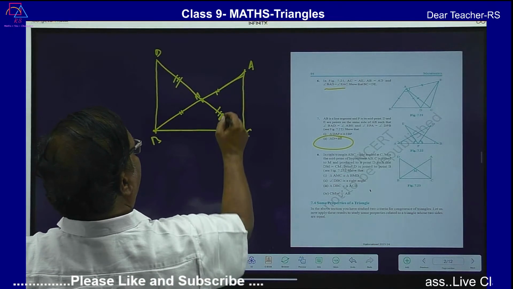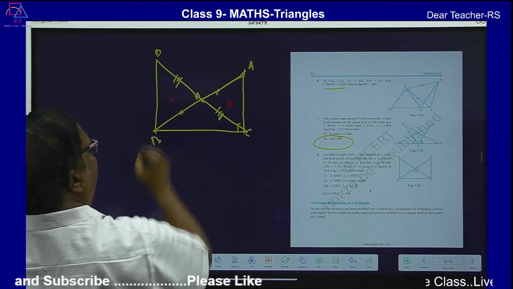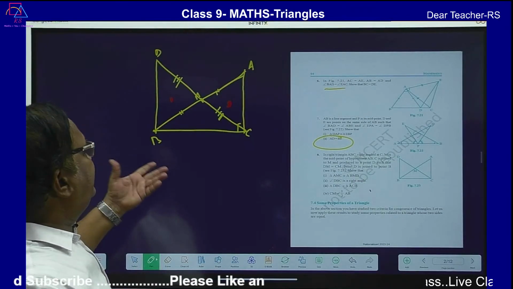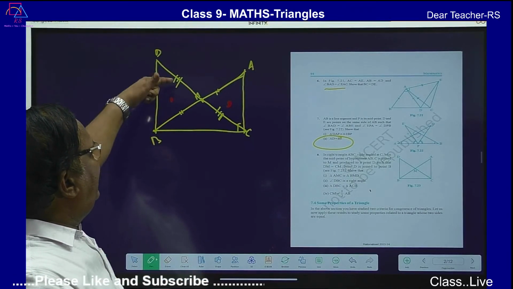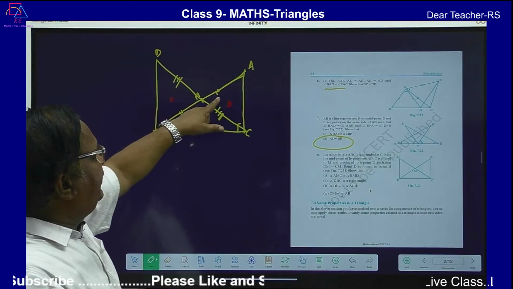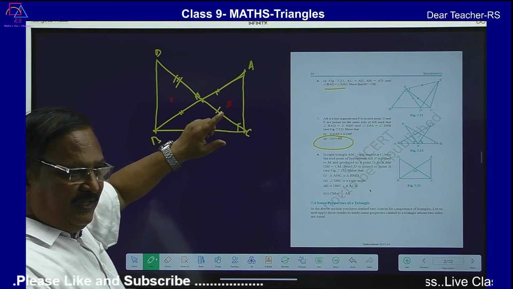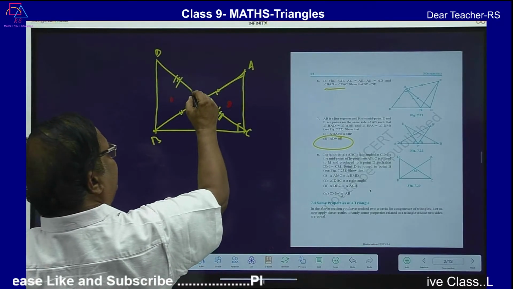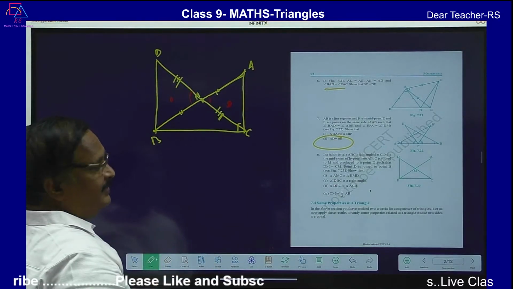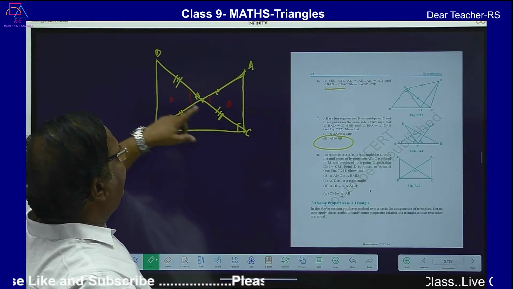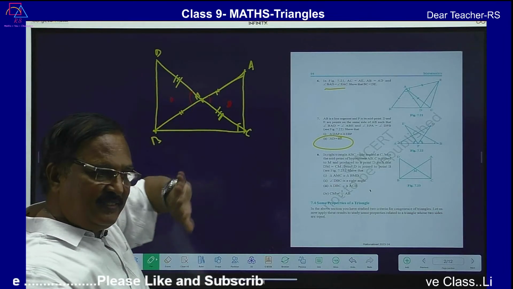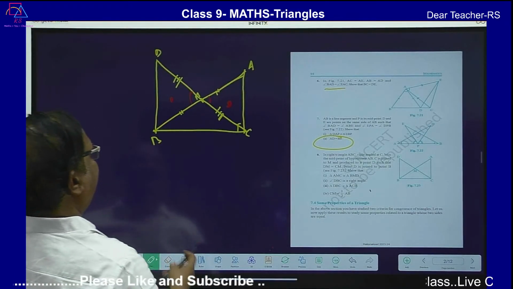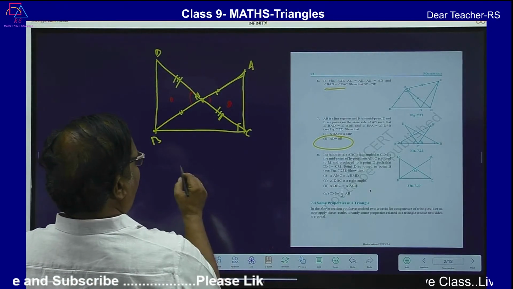Okay, so this triangle and this triangle, you have to prove that they are congruent. Now you see, either 2 mark or 3 mark, equal. Two sides are equal, and this is a vertically opposite angle. So by side angle side, these two triangles are congruent by SAS. Okay, so first one is over.